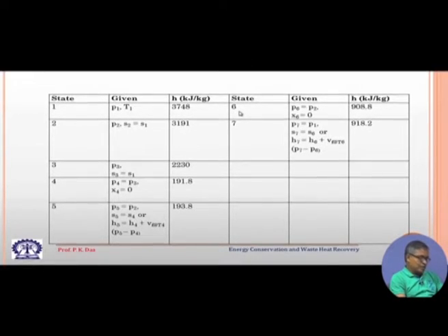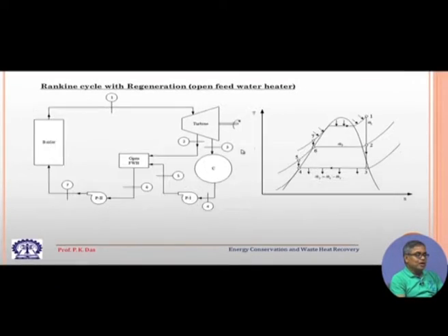Point 6, where is this point? Let us see. Point 6 is the point at the exit of the open feed water heater. So now we will do an energy balance for the feed water heater, which I have also written earlier.